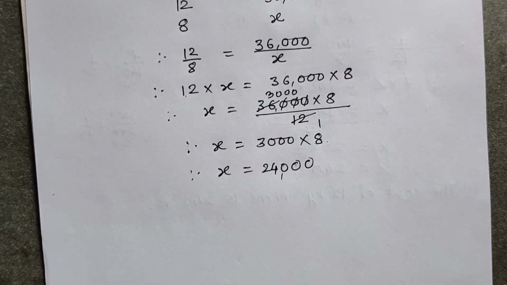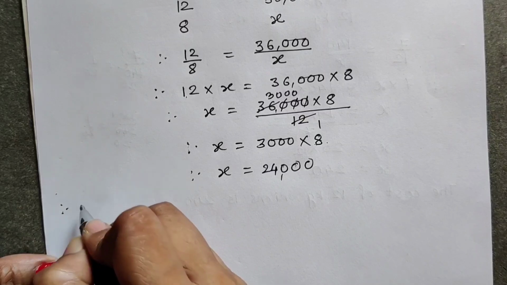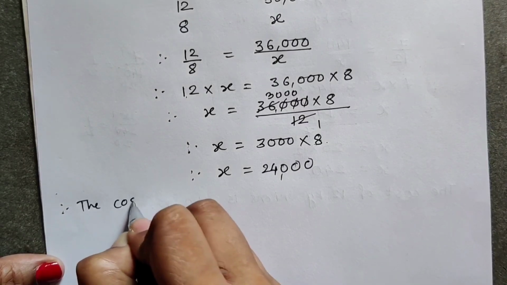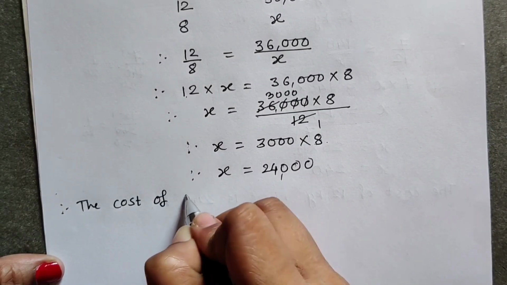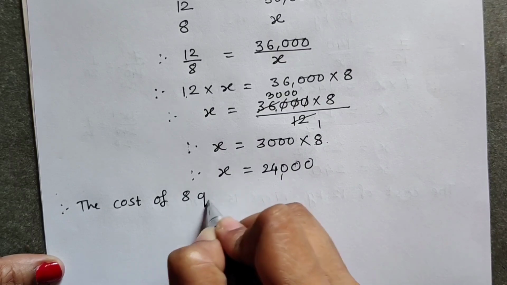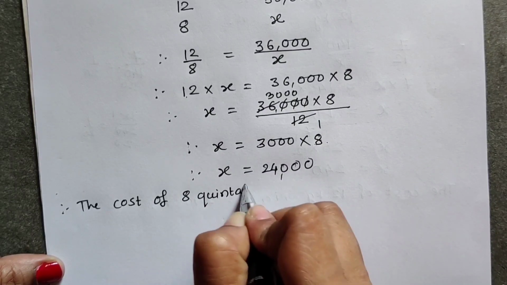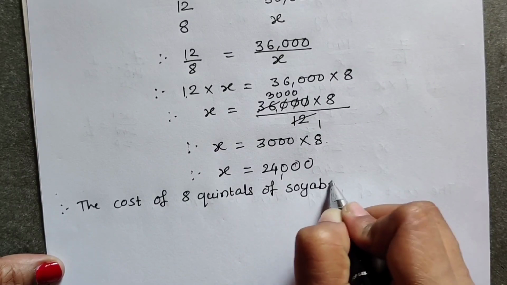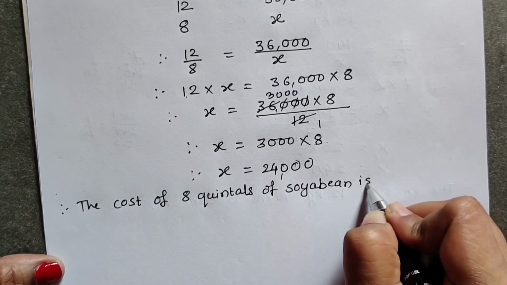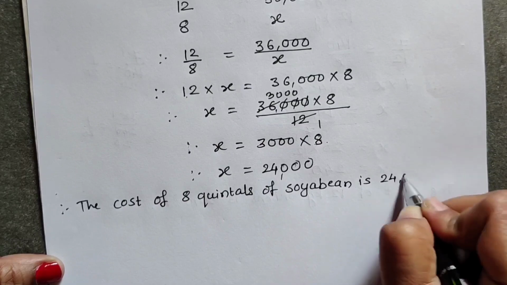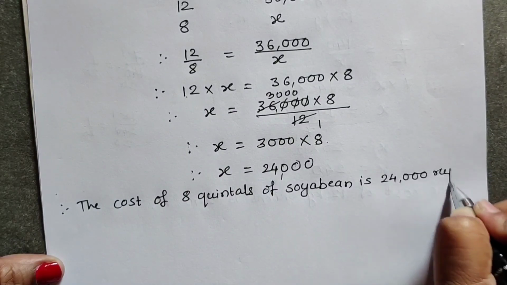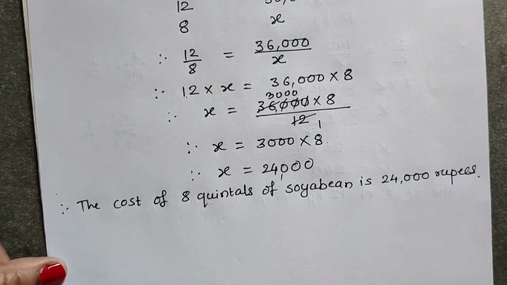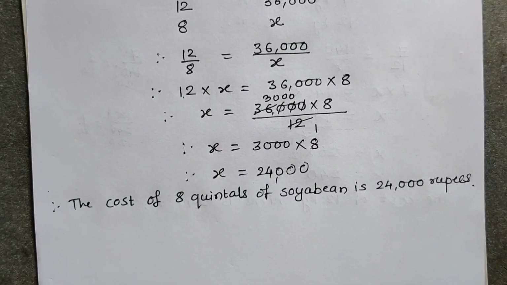So write the answer statement now. Therefore, the cost of 8 quintals of soybean is 24,000 rupees. In this way we have to write the answer statement.